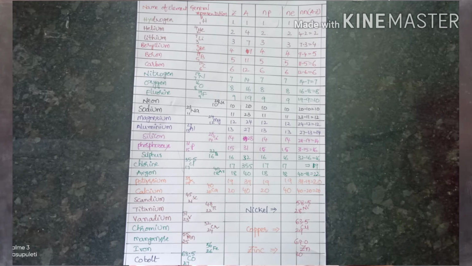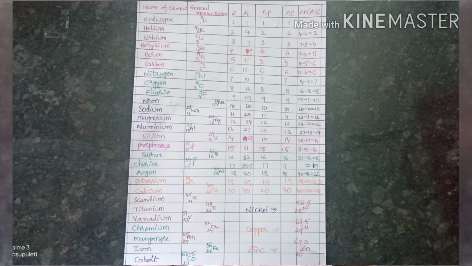Oxygen O816, here 8 indicates the atomic number, 16 indicates the mass number. Fluorine F919, its atomic number is 9, mass number is 19. Ne1020, that means the element is Ne, neon, atomic number is 10, mass number is 20.